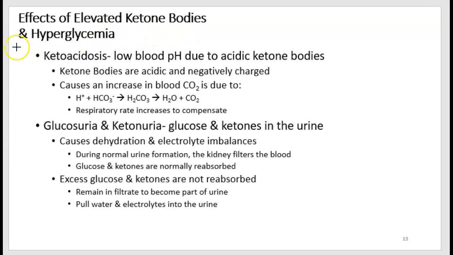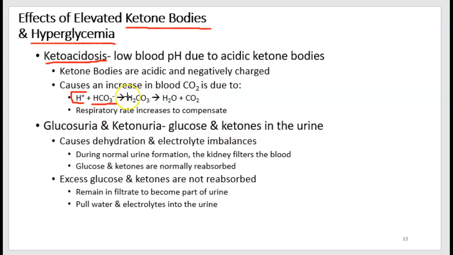What's the problem with hyperglycemia? Why is that bad? And why are ketones bad? Well, ketones are acids, so when there are a lot of ketones in the body and the blood pH drops, we call that condition ketoacidosis. Ketones in the blood release hydrogen ions, and in the blood we have this other ion called bicarbonate.